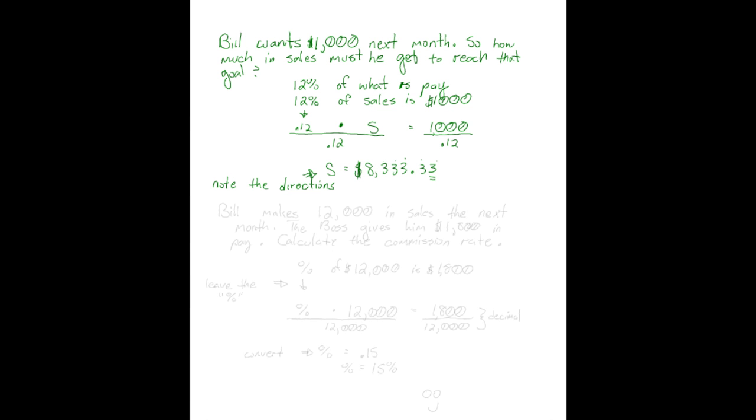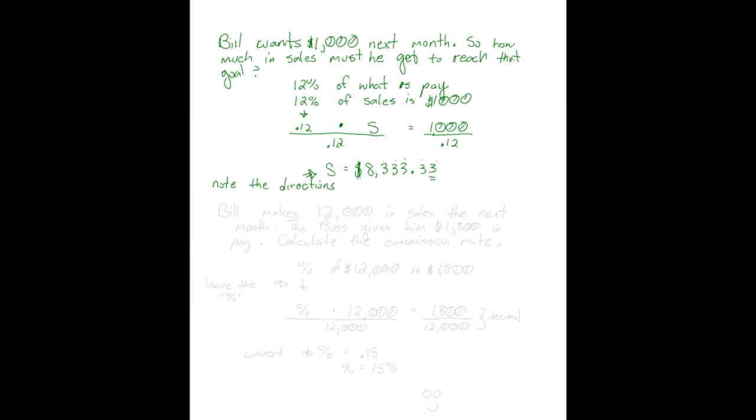Sometimes you get stuff wrong just because you're not paying attention to the directions. This one is also straightforward, but there is that solving element, and you're only doing one thing. In the original problem, we multiplied. Here we're dividing.